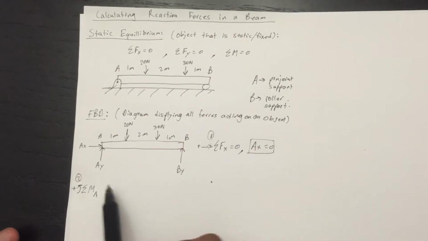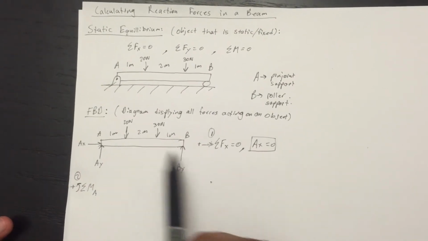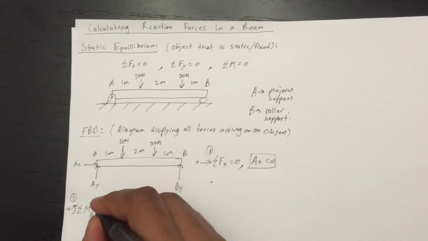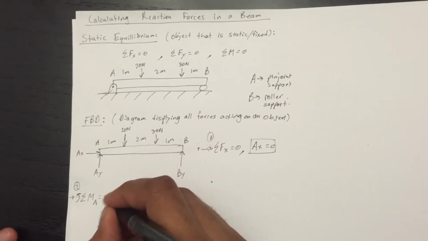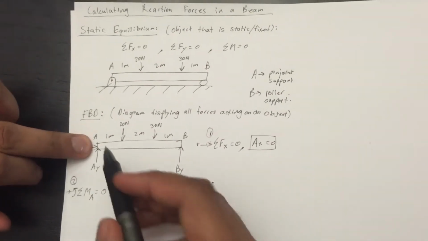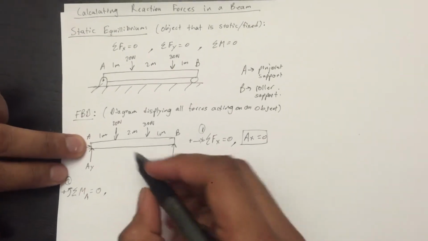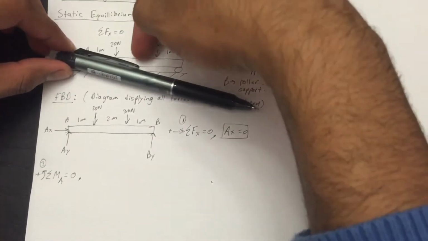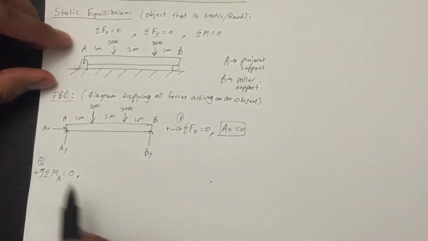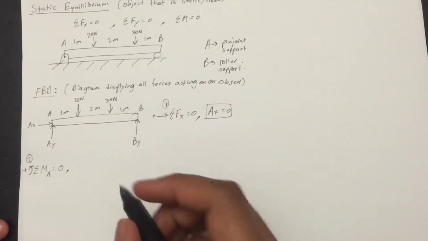This is very important in order to get our signs correct. Static equilibrium states that the moment about that point equals 0. Therefore, let's see what we have here. So for moment, we have 20 newtons going clockwise, which would be negative because counterclockwise is positive.